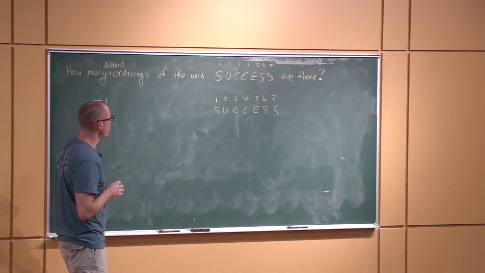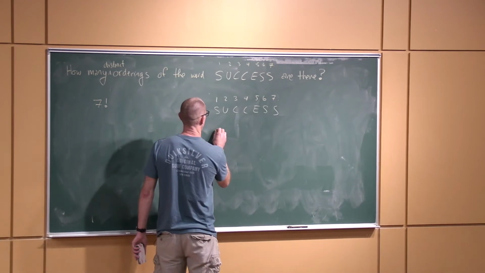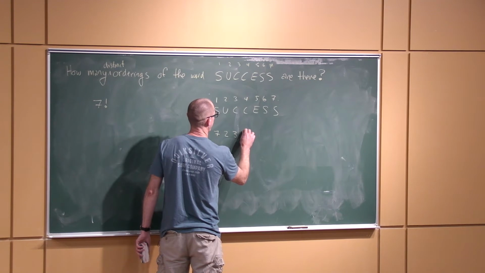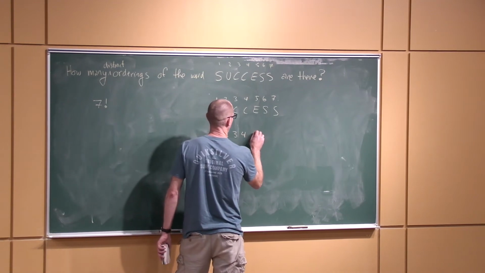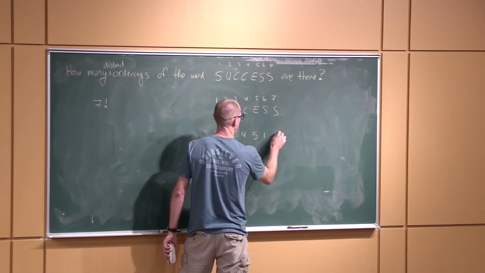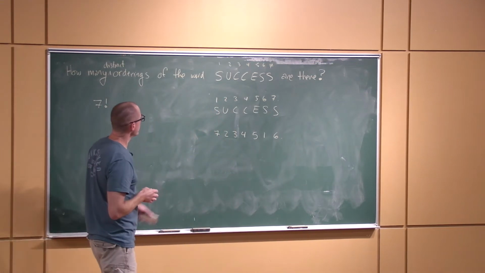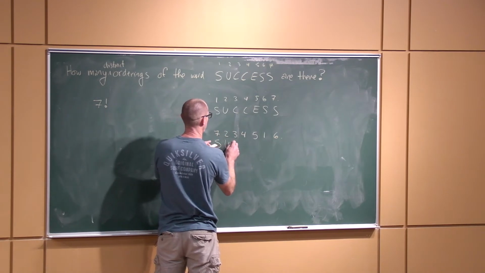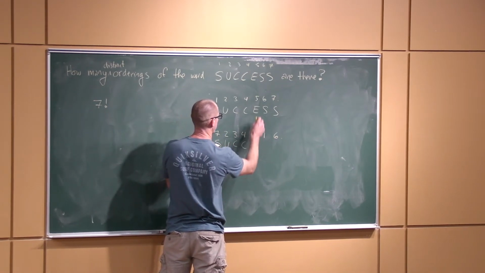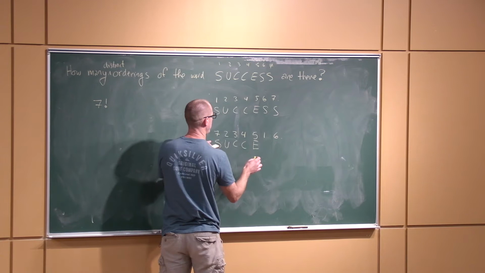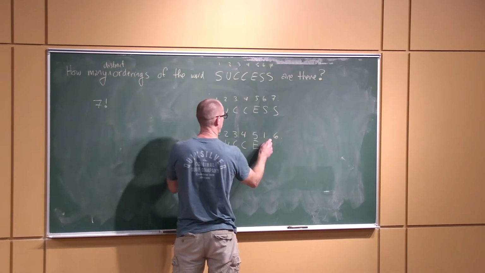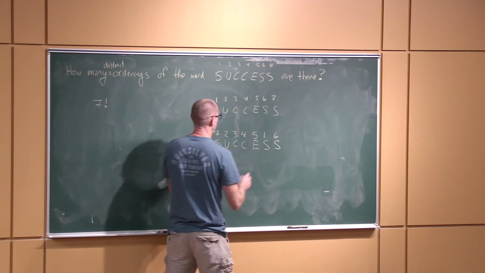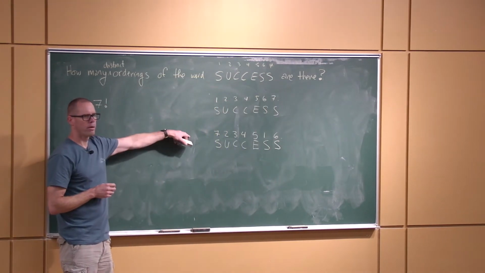And another permutation could be 7, 2, 3, 4, 5, 1, 6, which gives us the word, well, at position 7 is an S, 2 is a U, C, C, E, at position 1 is an S, and at position 6 is an S. Gives us the same word.